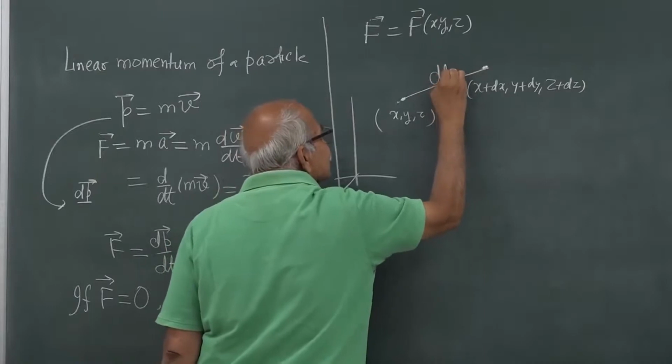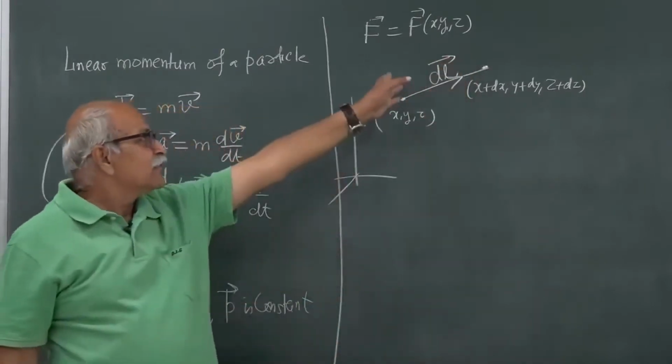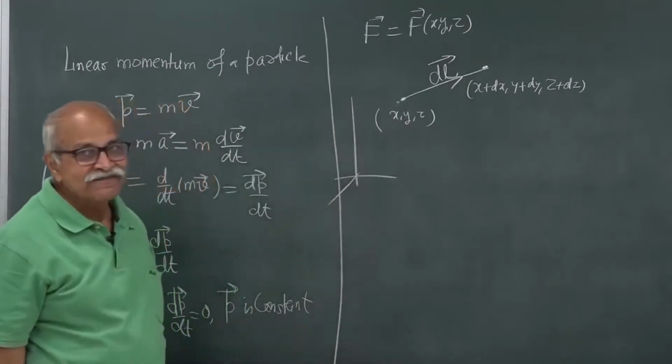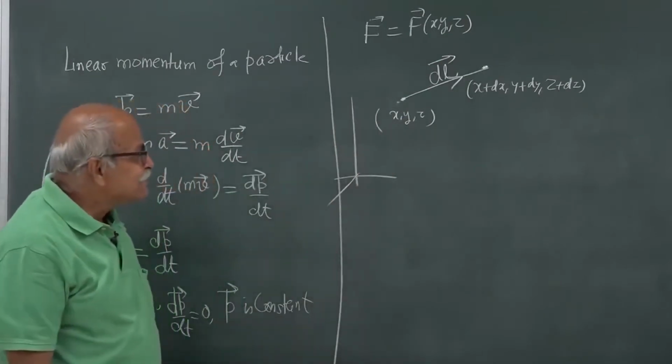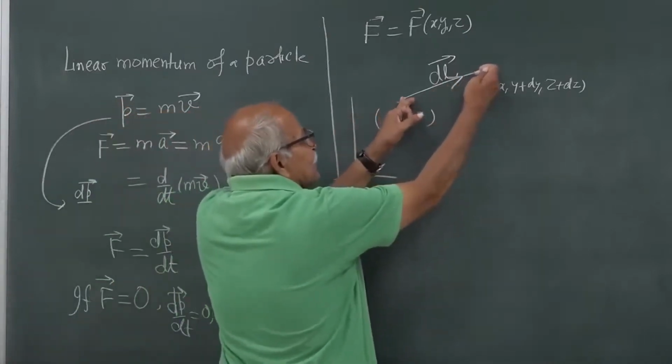Let me call it dl. People also call it the dr vector. This is a small line segment.